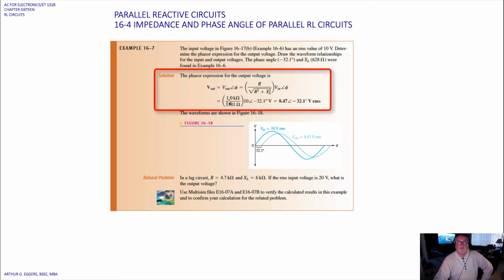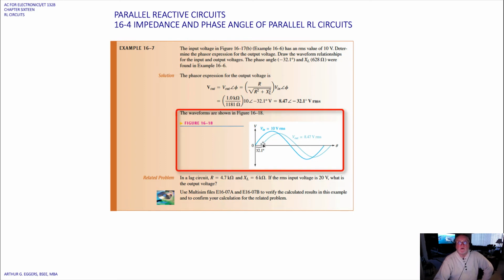In this case, 1.0 k ohms divided by 1181 ohms times 10, which was our RMS value, at an angle of minus 32.1, we get 8.47 at an angle of minus 32.1 degrees volts RMS. And we can see the waveforms here. We can see that we've got the lag of 32.1 degrees from the input to the output.